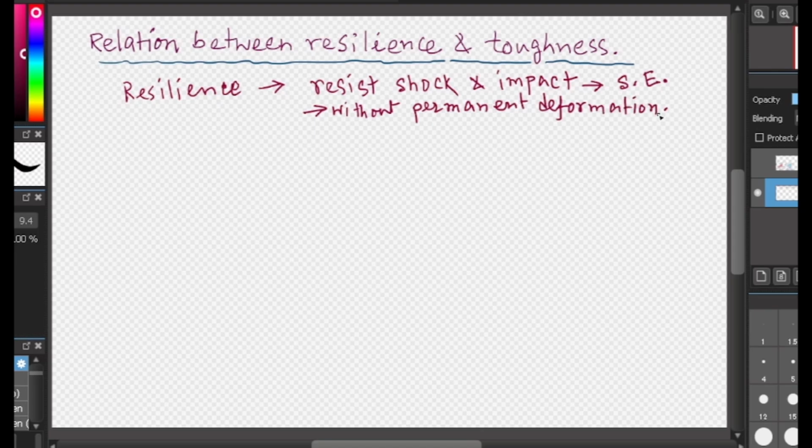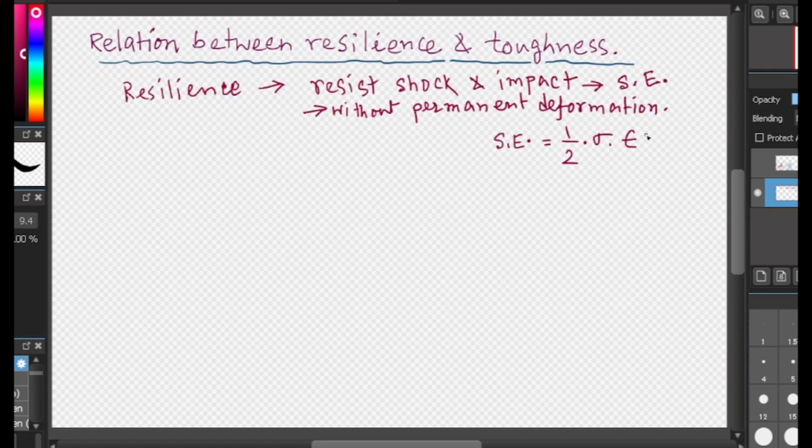So resilience is measured in terms of strain energy, or SE, per unit volume, which is given by, what is the numerical expression? SE equal to half stress into strain value.